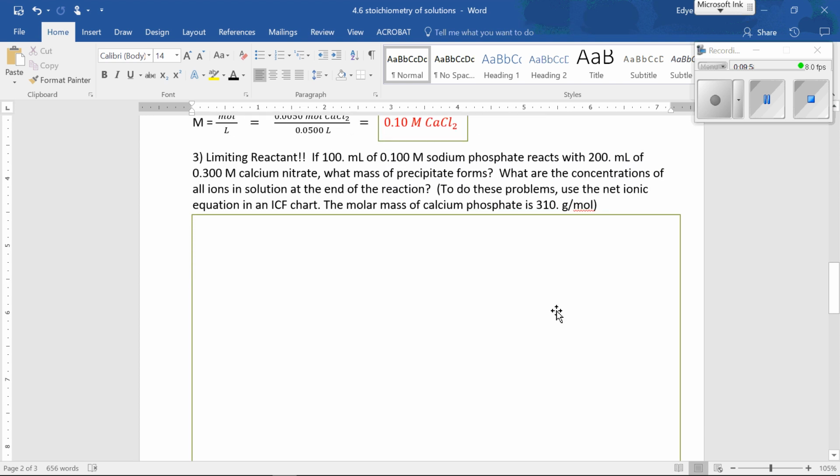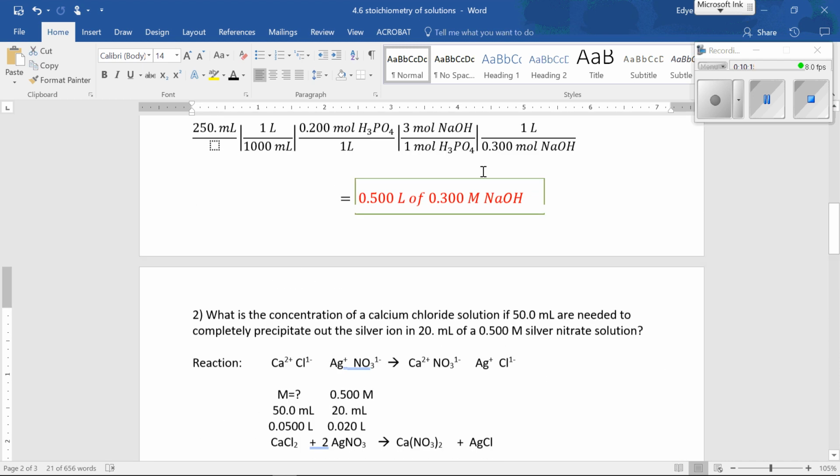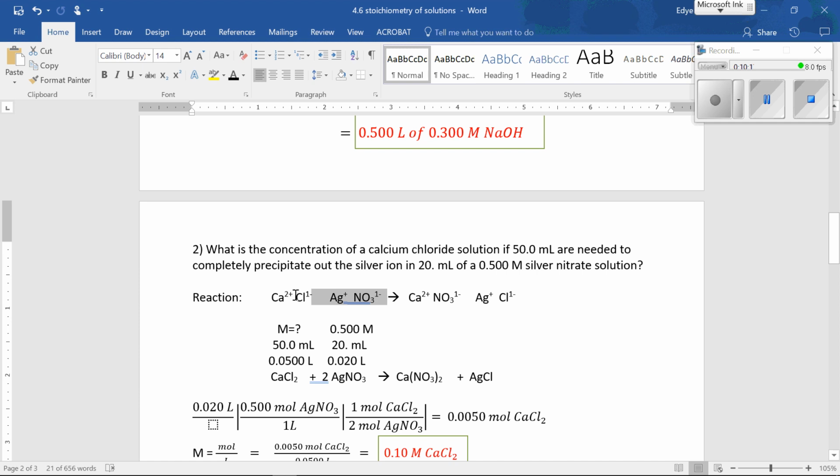Okay, now for the most complicated problem. Limiting reactants with solutions. When you do a limiting reactant, you know you have a limiting reactant because you have information about two chemicals and you're asked about a product. In these other questions, we were only discussing the two reactants.